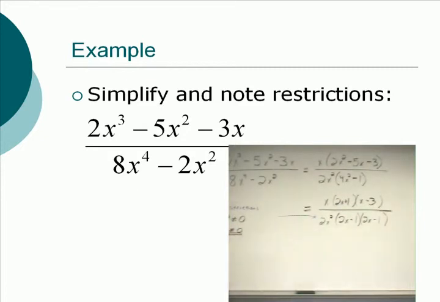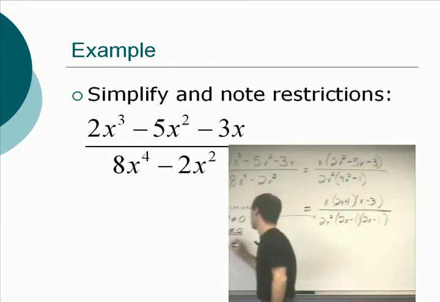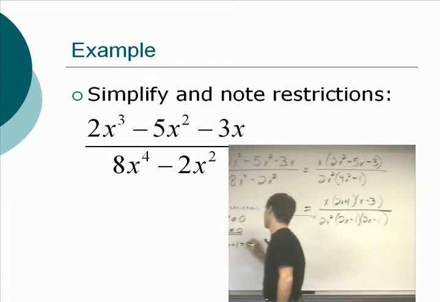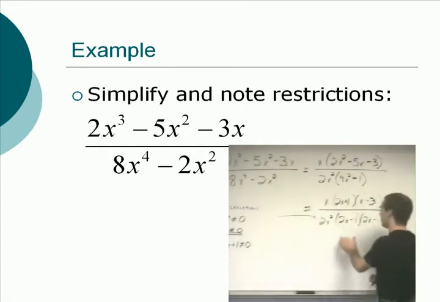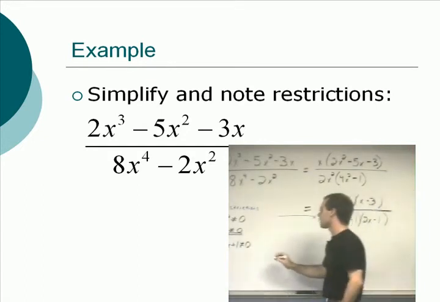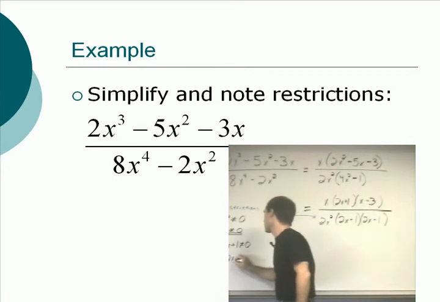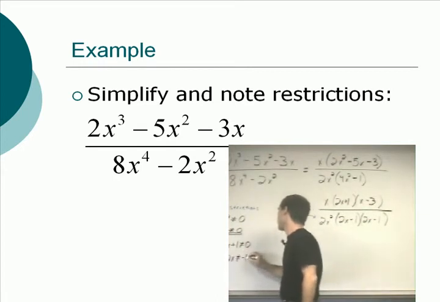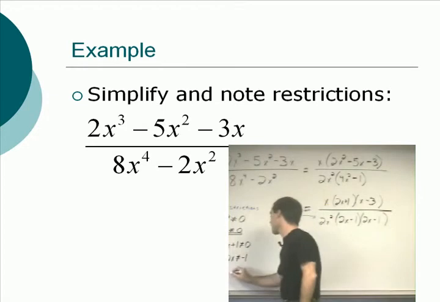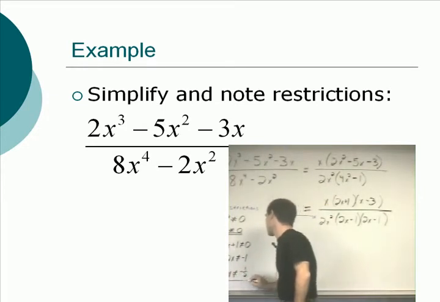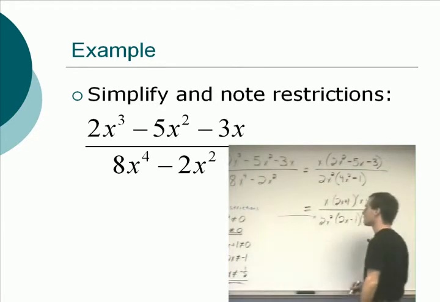Then the other one, 2x plus 1 can't be 0. 2x cannot be negative 1, subtracting 1 from both sides, and x cannot be negative 1/2. There's our second restriction.